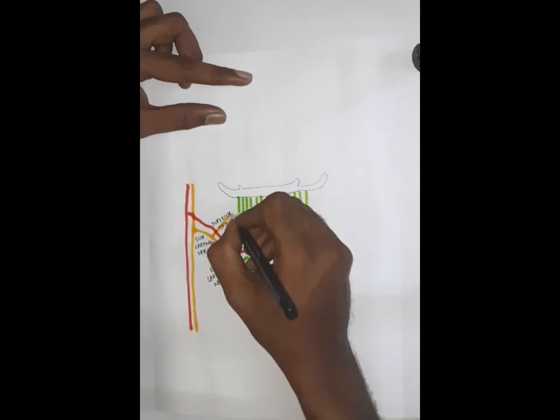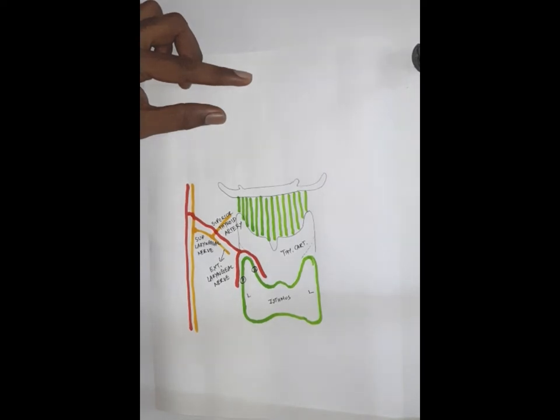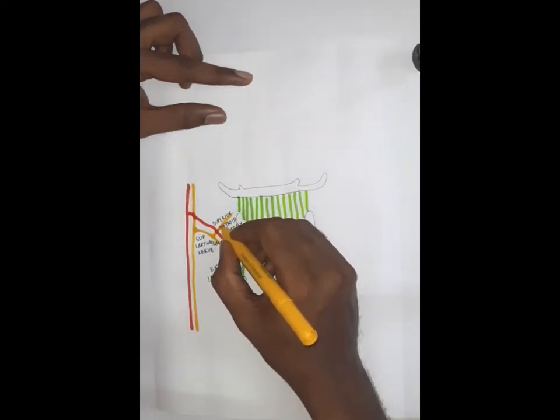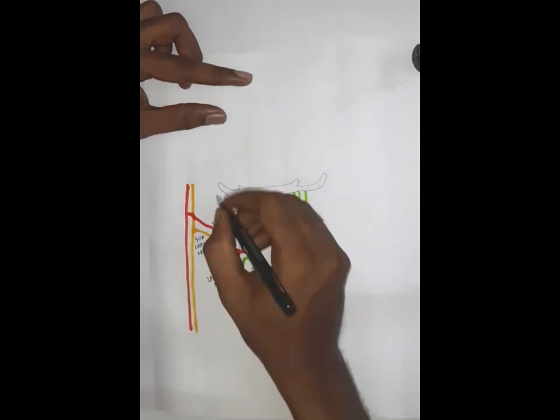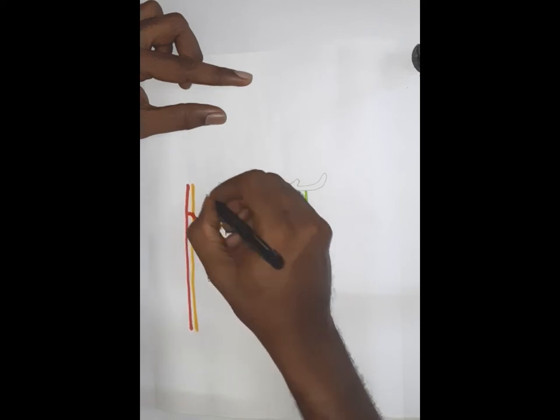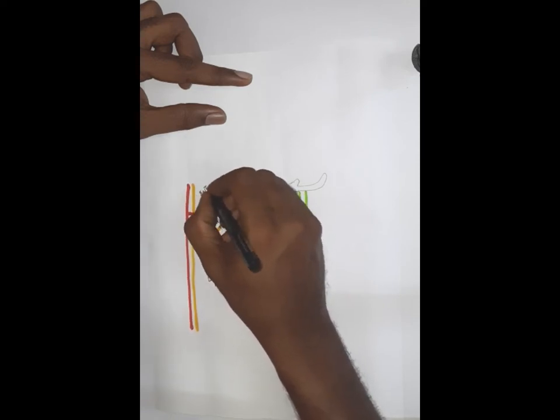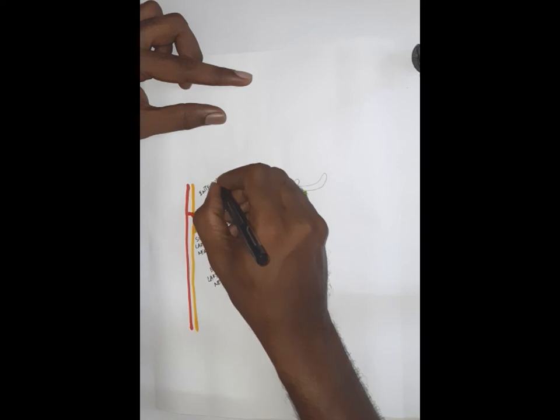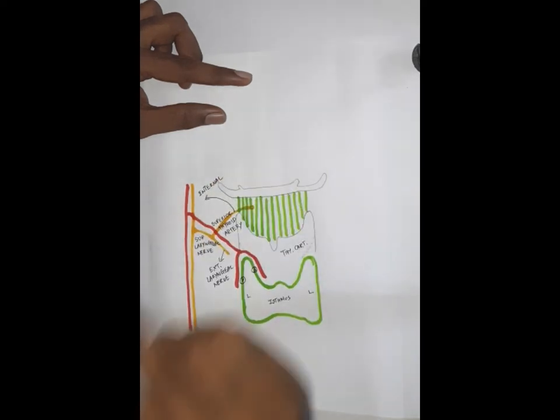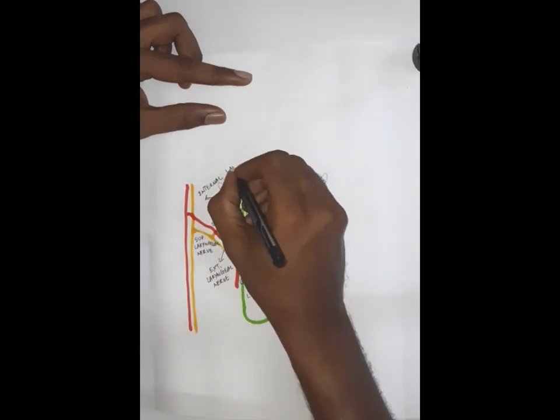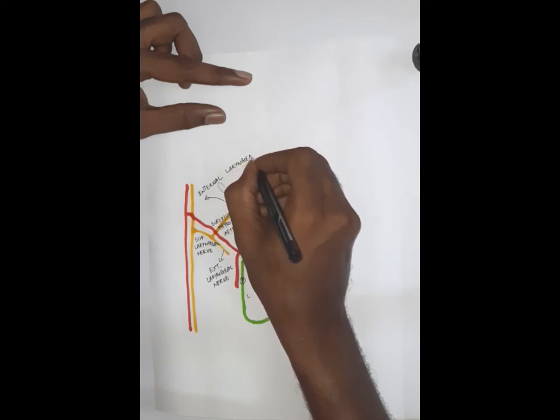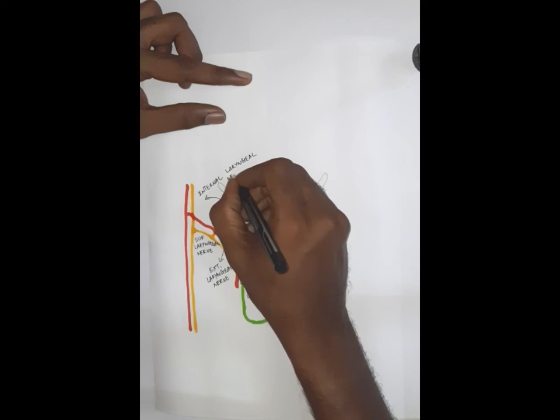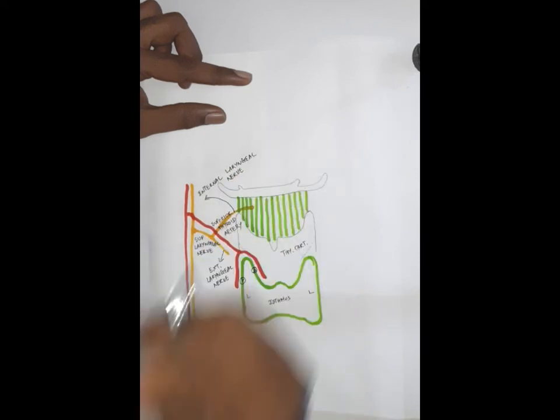The one that is going up towards the thyrohyoid membrane and piercing the membrane is the internal laryngeal nerve.